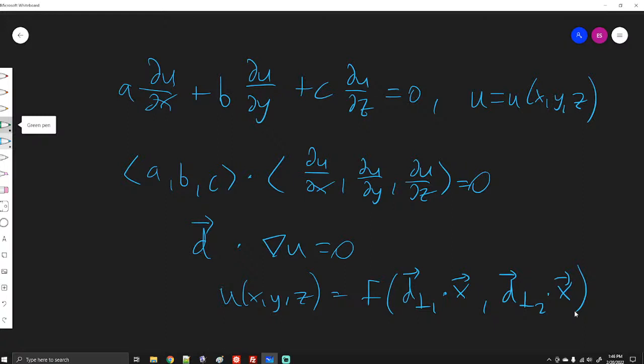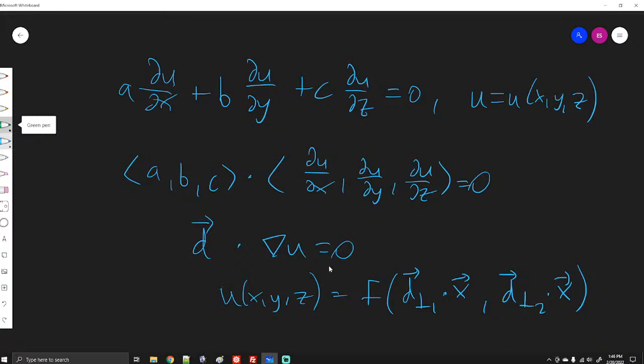So I think it's best to illustrate this with an example. But as before, in the two-dimensional case, I could choose between two perpendicular vectors that are orthogonal to the 1, 2 vector. In this case, I can choose any two vectors in a plane. So there's a lot of freedom, and the reason we can do that is because f is arbitrary.